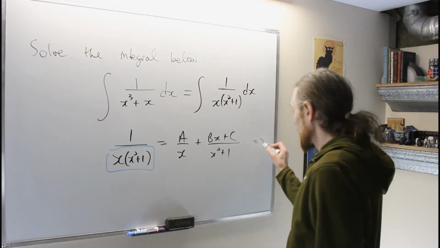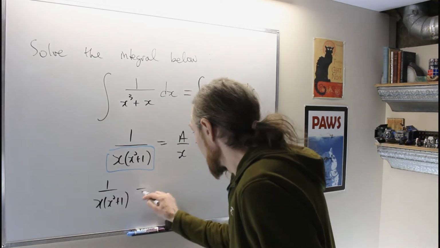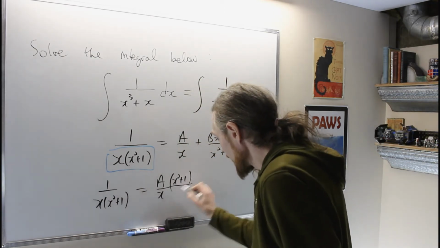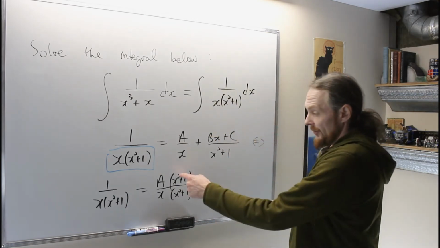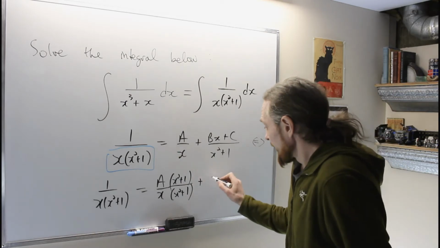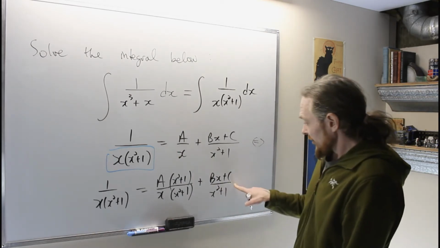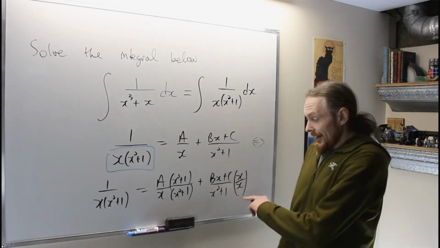This is if and only if 1 over x, x squared plus 1 is equal to a over x times x squared plus 1 over x squared plus 1, my favorite dirty trick, multiplying by 1, plus bx plus c over x squared plus 1. This one's missing x. I'm going to do the same dirty trick, multiply by x. So now I have a common denominator.